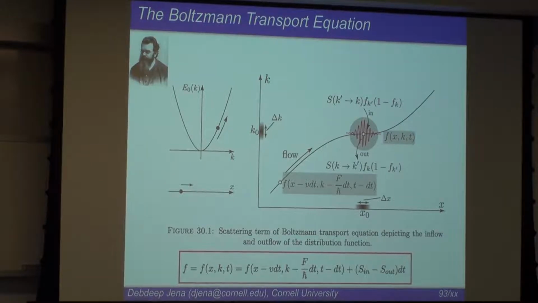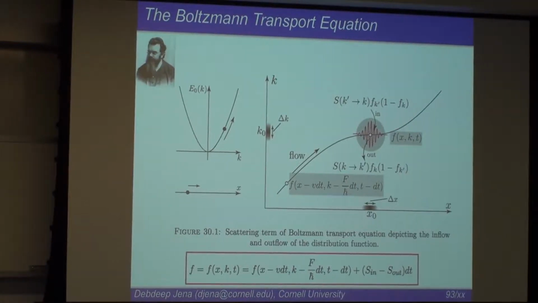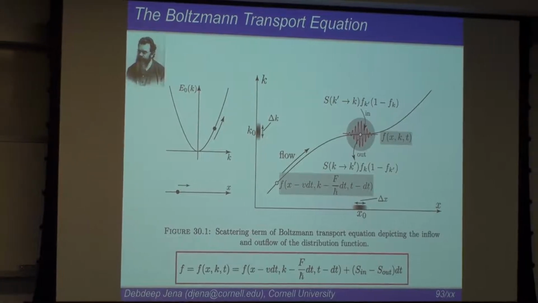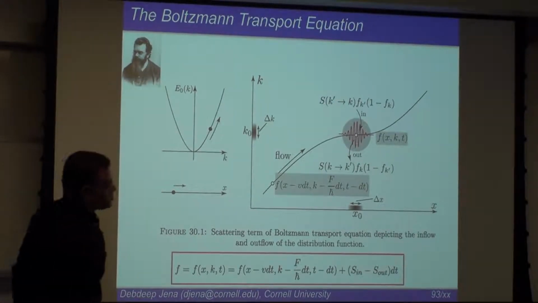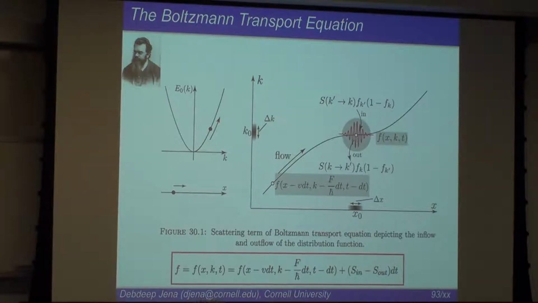So what we were discussing in the last class was removing this constraint of ballistic transport and saying that now I'm going to allow all kinds of scattering to occur.